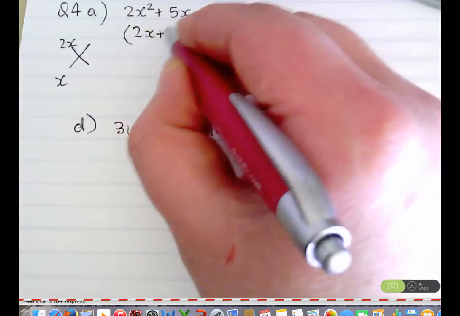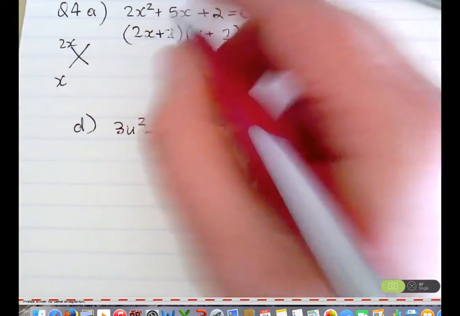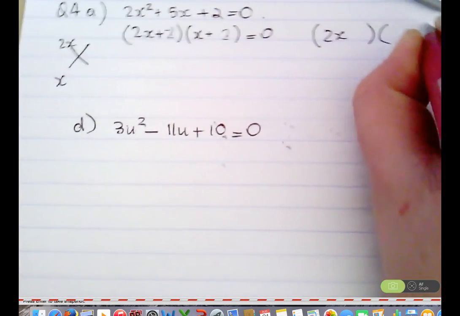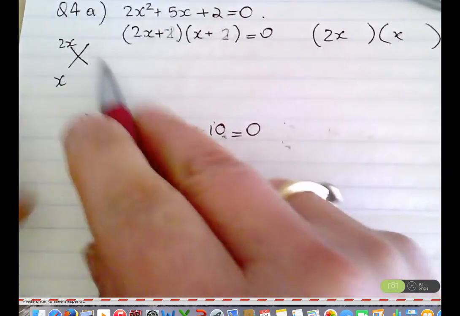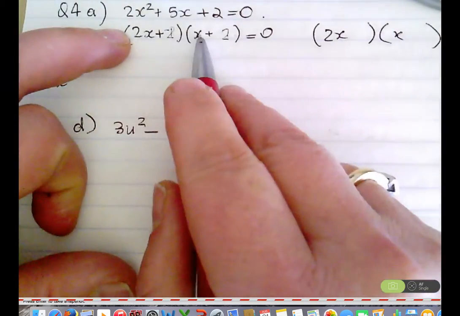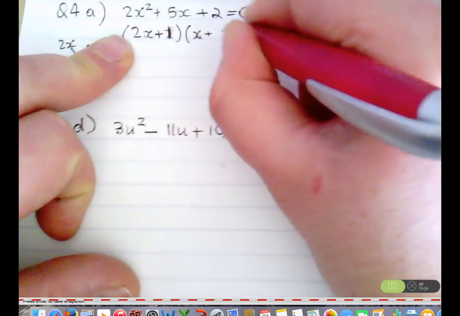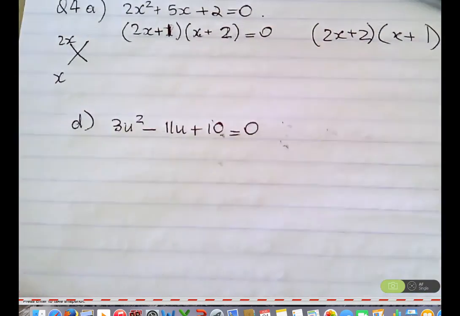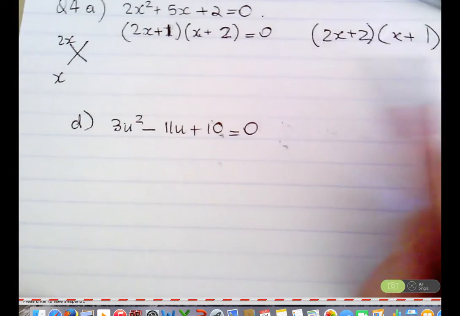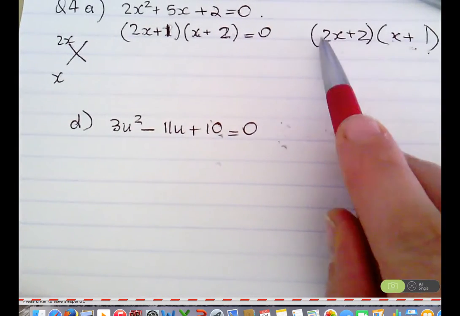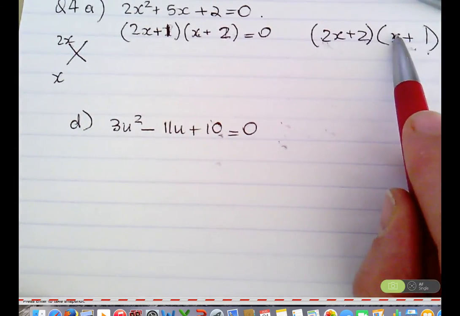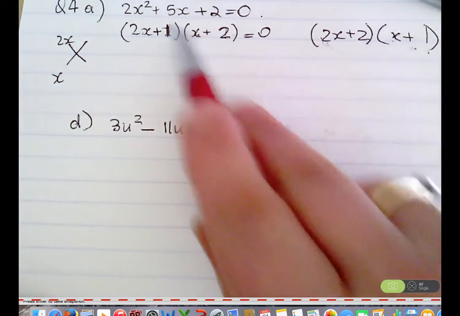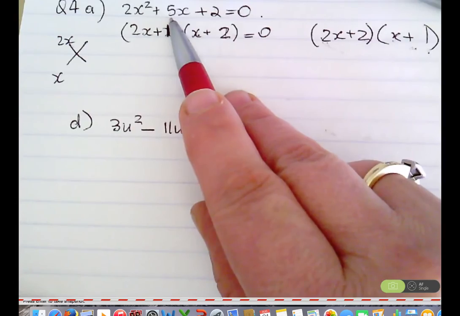If I put the 2 there, do you want me to show you the other way? You've only got 2 choices here. You've either got 2x and x with a 1 and a 2 there, or you've got the 2 and the 1 there. There's only 2 possible combinations. If I do it this way, I get 2x squared plus 2x plus 2x plus 2. Now, plus 2x and plus 2x gives me plus 4x, not plus 5x.